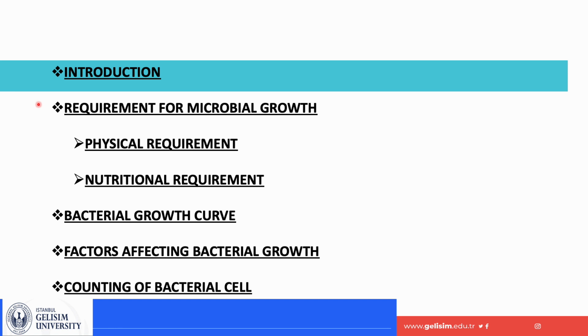We're also going to be looking at the bacterial growth curve to see the rate at which bacteria end up growing, and some of the factors that affect bacterial growth. We'll also discuss how we count bacterial cells, or how we measure the quantity of bacteria.